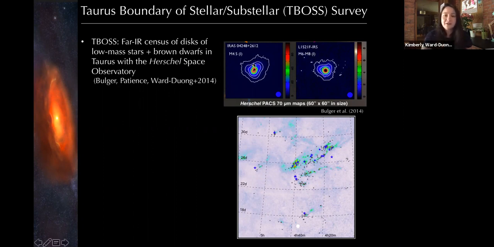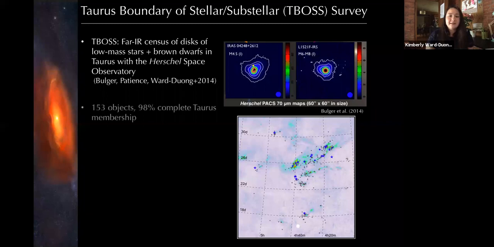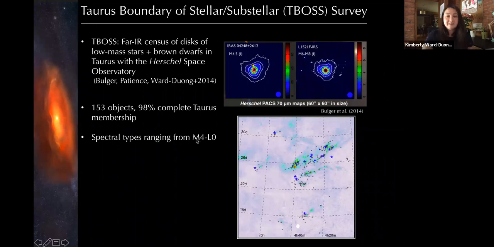And so you can see some Herschel PACS 70 micron maps showing significant dust excess indicating disks around these systems. This was a survey of 150 objects that captured over 98% of the lowest mass stars and brown dwarfs in Taurus, and really focused on these lowest mass objects, like the TRAPPIST-1 analogs, these objects that are right at the stellar brown dwarf boundary.